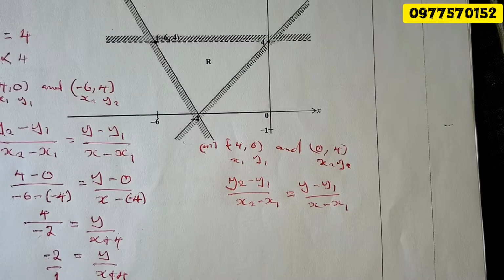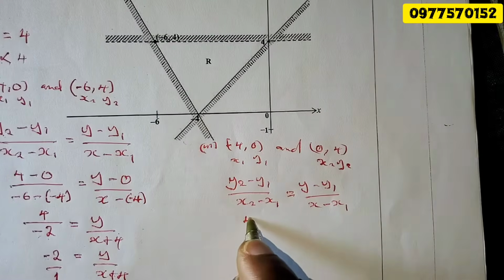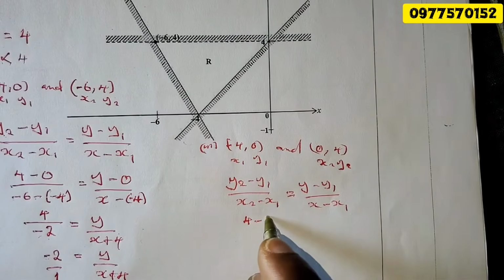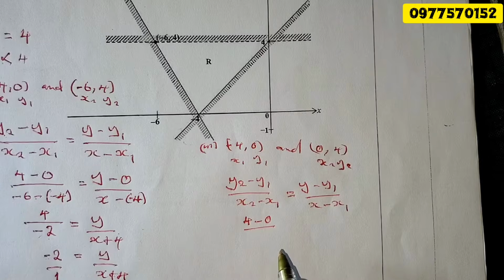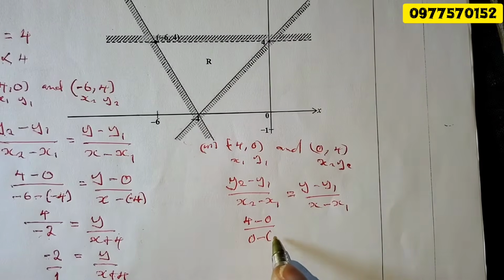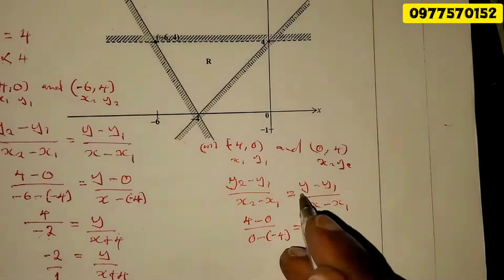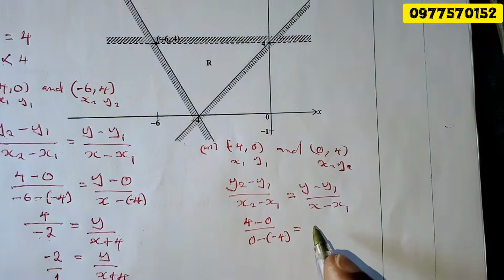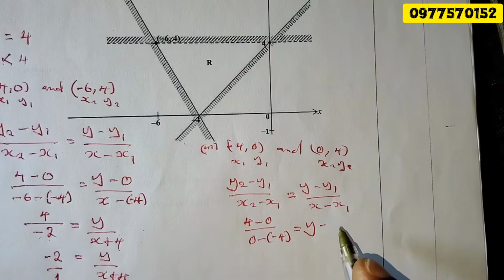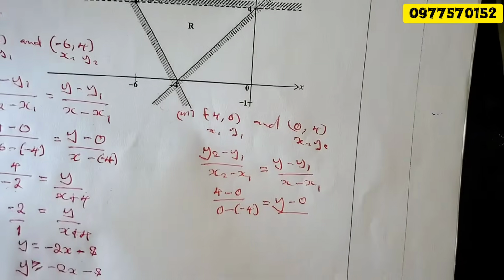Are we together? Good. So let's substitute. y2 we're going to substitute with what? 4. So we're going to say 4 minus y1, which is 0, over x2, which is 0, minus x1, negative 4. Okay, then y is just y minus y1, 0, over, okay, are you following?